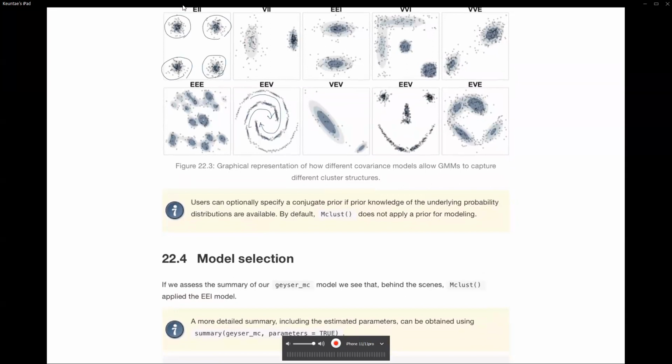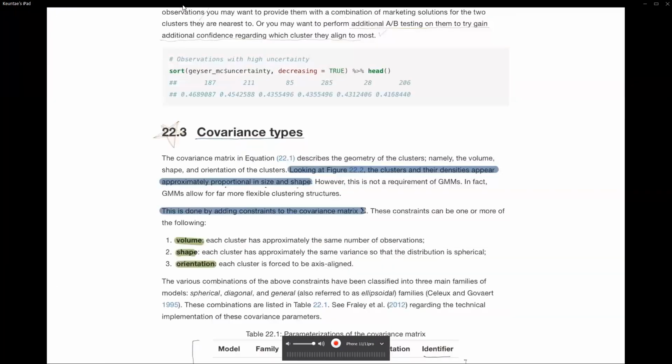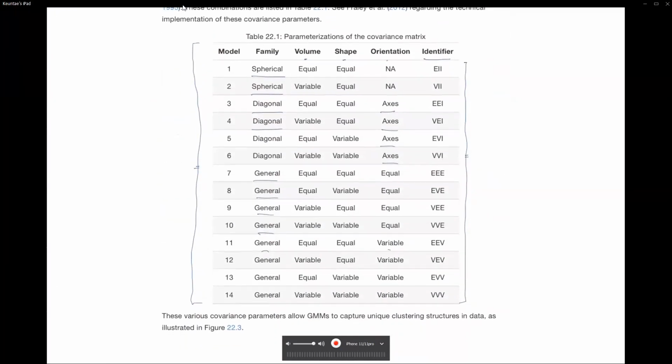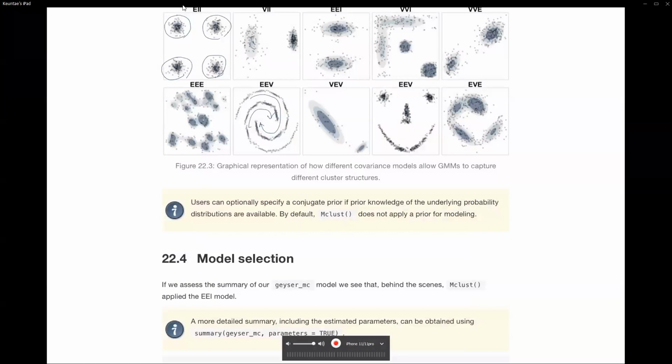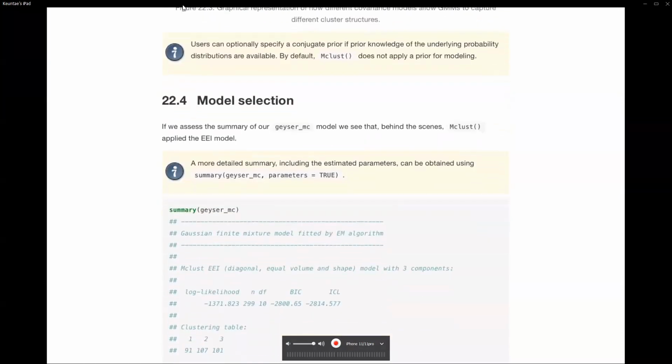So a whole range of clustering can be considered based on these 14 different types, and then mclust automatically tests the modeling fit, the clustering fit, depending on those 14 types of cluster, and automatically finds out which clustering type gives us the better result. So this is what is called model selection here. Okay.